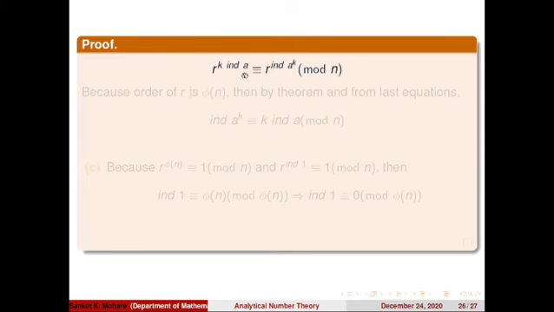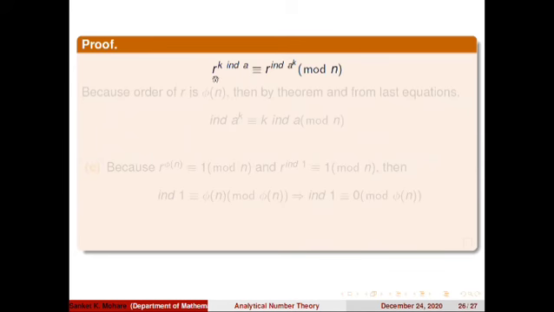And using the same theorem, if a has order k and a to the power i is congruent to a to the power j modulo n, then their powers i and j are congruent under modulo k. So here also k times index of a is congruent to index of a to the power k under modulo what?